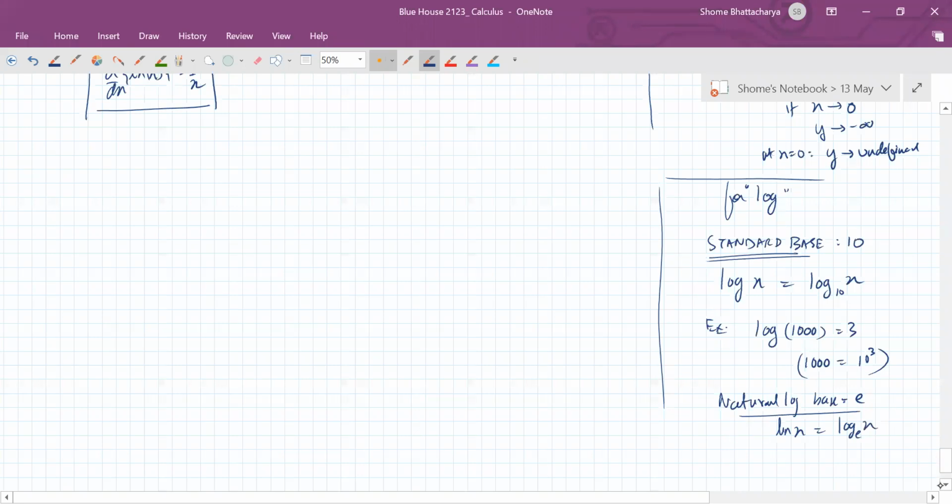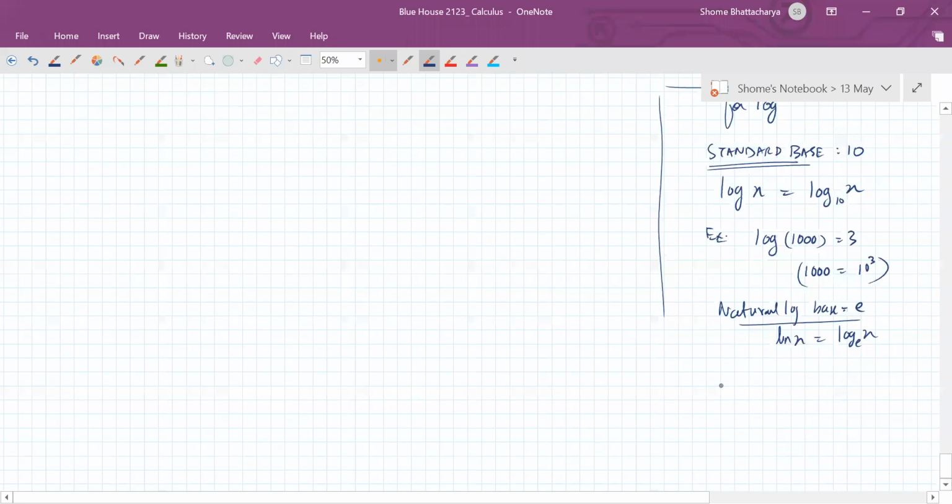Now, we can also have any arbitrary base. For example, log of 16 to the base 2 is how much?